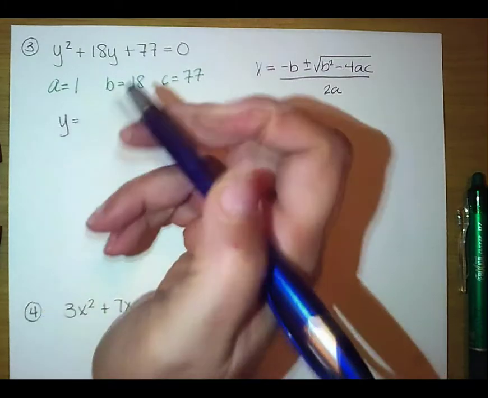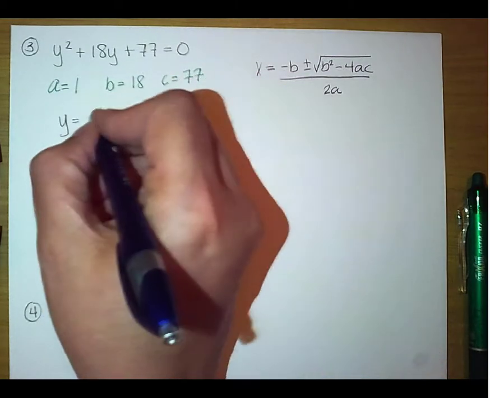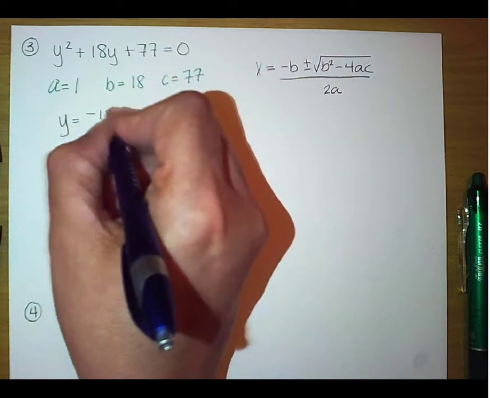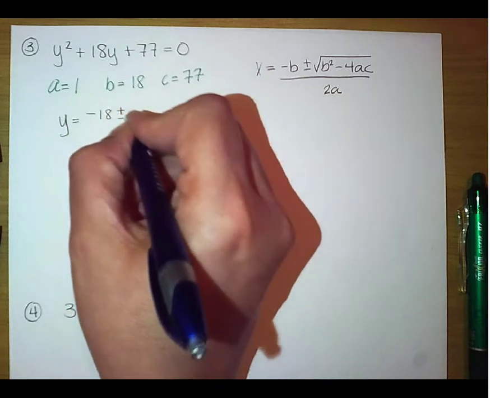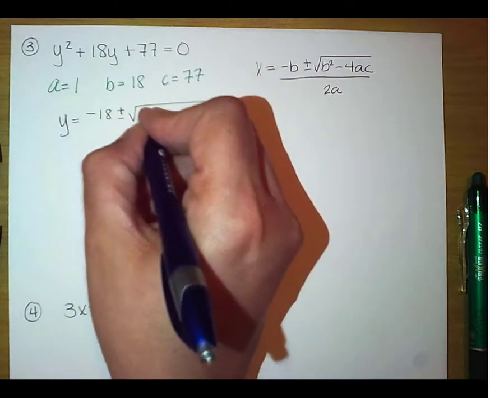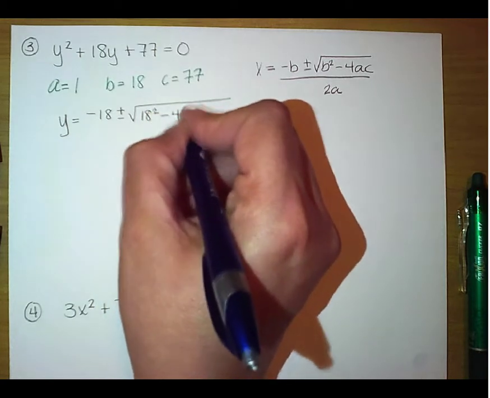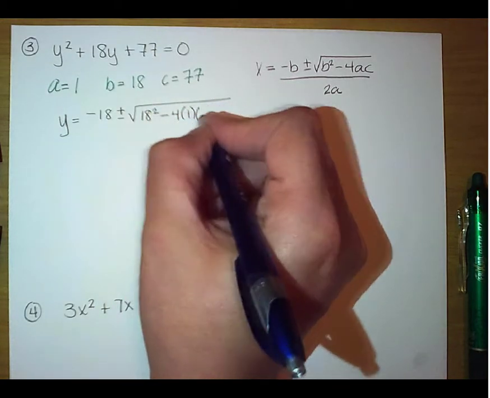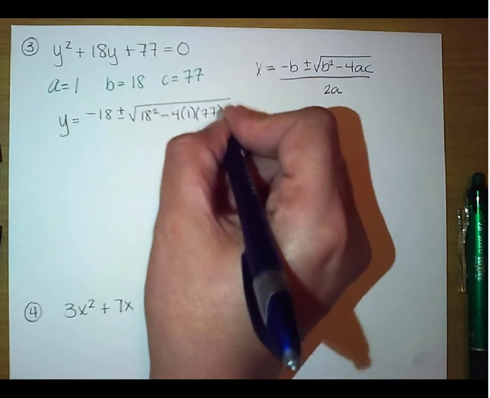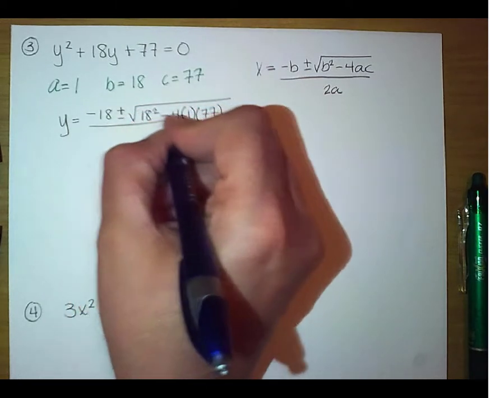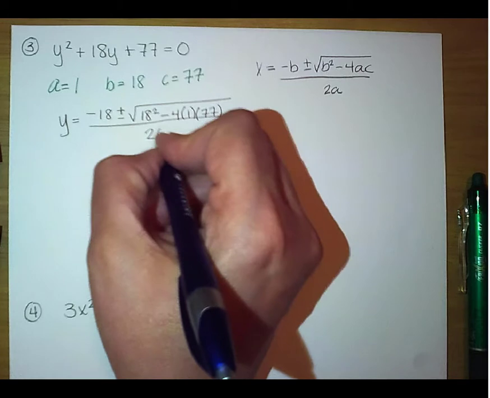If you put an x there, that's perfectly fine. We've got negative 18 plus or minus the square root of 18 squared minus 4 times 1 times 77, all divided by 2 times 1.